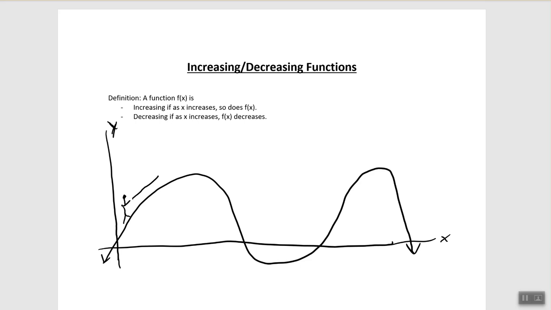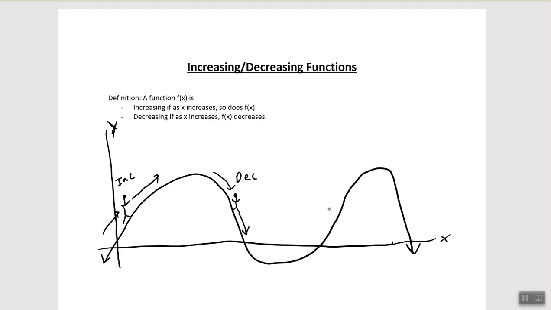On this section of the function, I would be walking uphill, so that means at this spot my function is increasing. If I move a little bit farther along my function to the right, I see that I'm walking downhill.